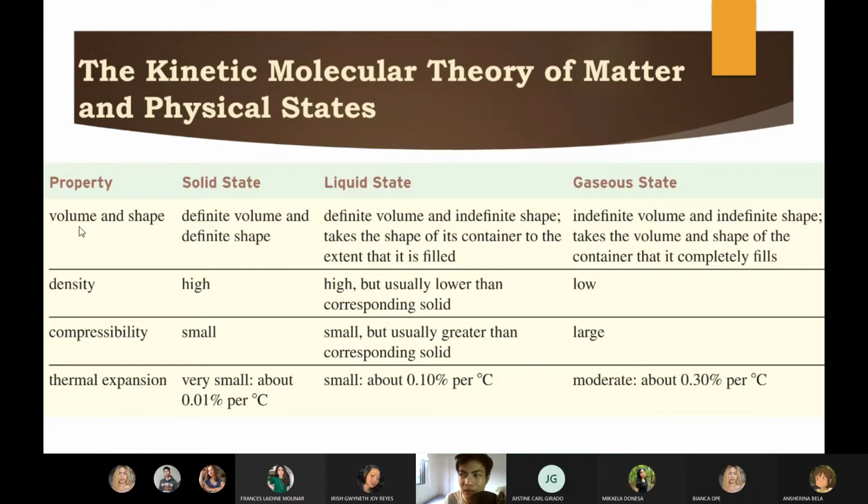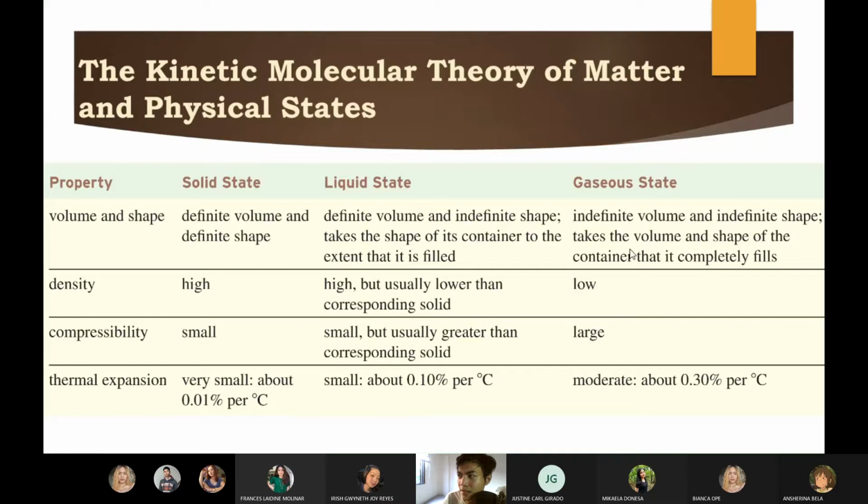Yung solid, definite yung kanyang volume and shape. Yung liquid, definite yung kanyang volume. Yung shape ay random. But for gases, indefinite yung dalawang yan. Because yung gas particles natin, kung saan mo sila ilagay, okay lang sila. No? They will assume the entire capacity of the container.